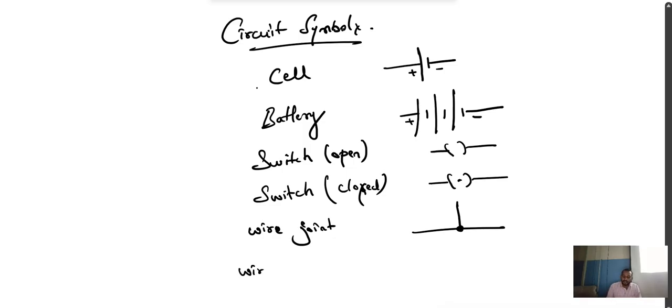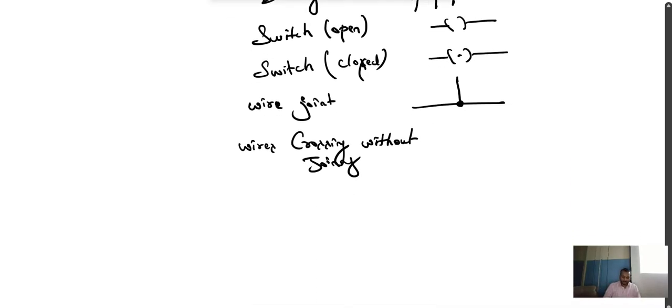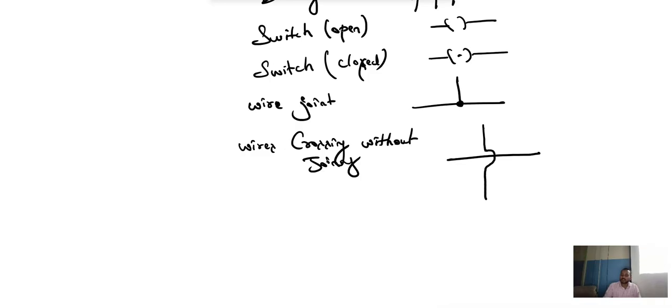Next, wires crossing without joining. Suppose one wire is moving in this way. The other wire should not touch this. It should pass through this. Then we draw like this. So this indicates that these two wires are crossing without joining.